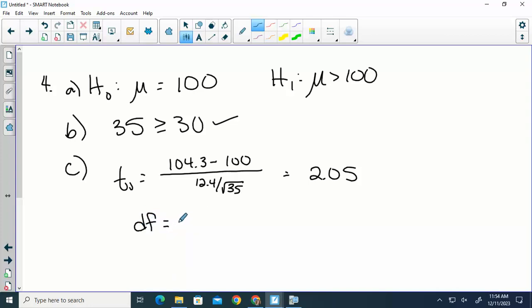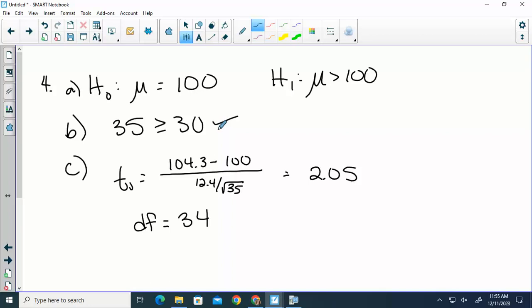How many degrees of freedom would we have? 34. It's n minus 1. So you go down to your 34 row. You go over until we get as close to 2.05 as we can. So that would be 2.032. And then you go up, the top has the probability.